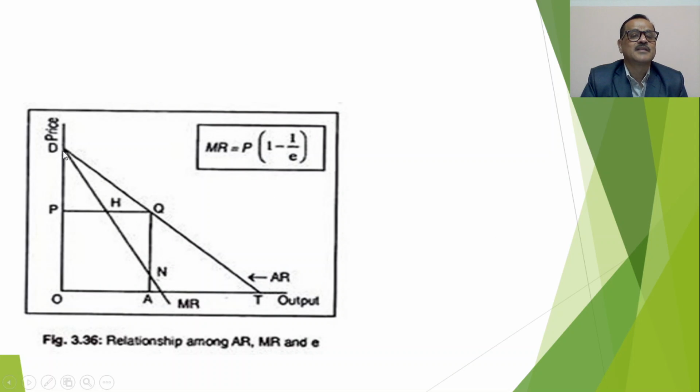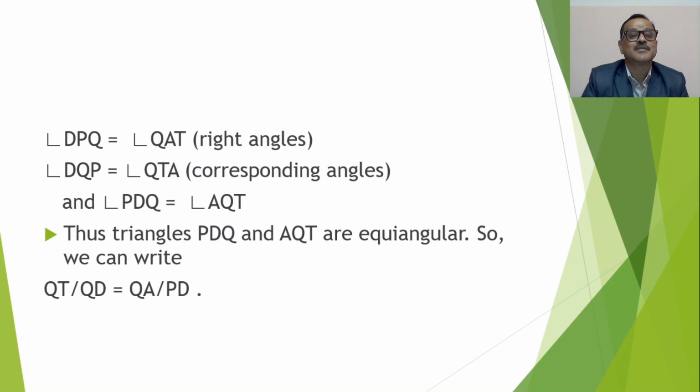Here you can see, this is as shown earlier, AR sloping downward and MR is even steeper than AR, and let's take a point Q on AR. Then we will prove the relationship between AR and MR like this. MR is equal to P into the bracket 1 minus 1 by E, E the elasticity. So the relationship between E and MR or E and AR, P means AR, can be established from the next slide.